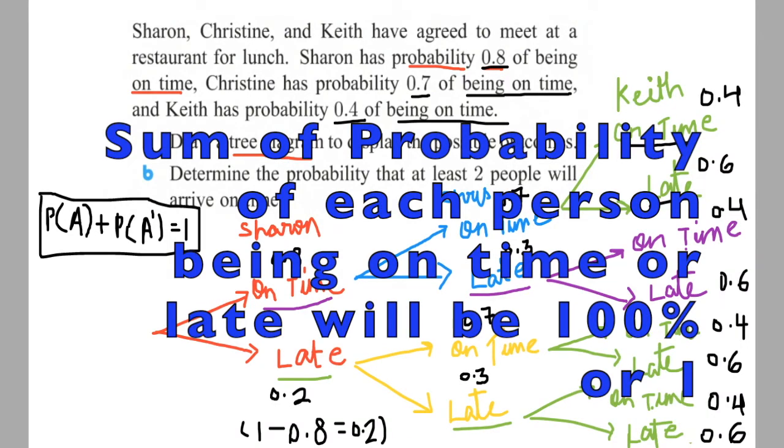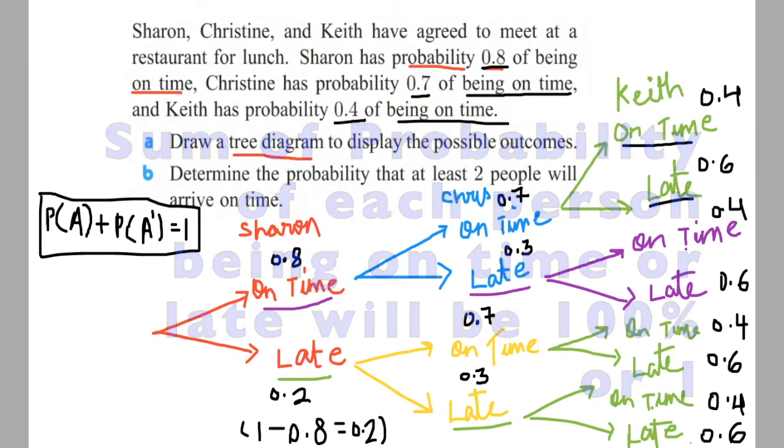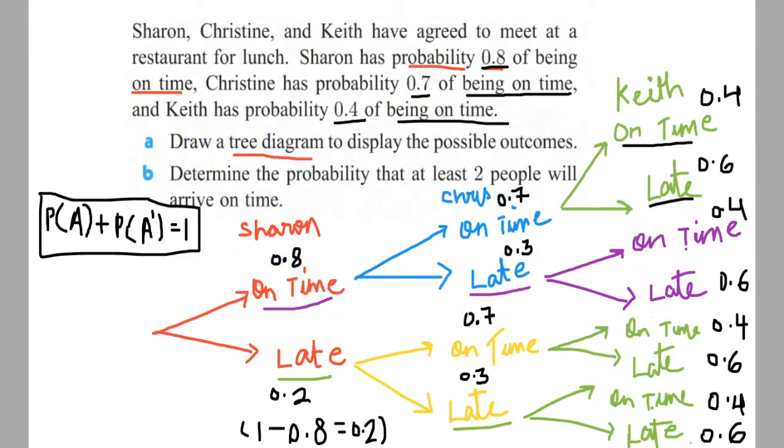Let's solve the second part of the question. Determine the probability that at least 2 people will be arriving on time. So at least 2 people means minimum 2 people should be on time. It could be 3 or it could be 2, but it cannot be less than 2.